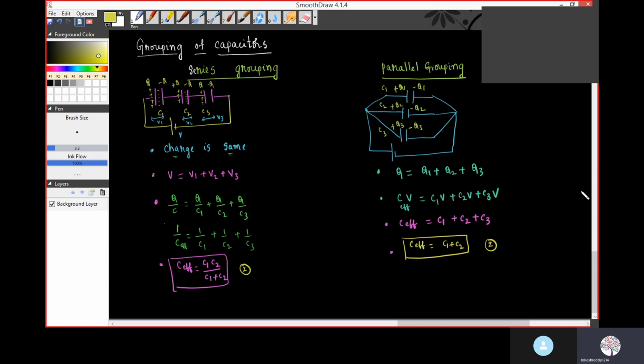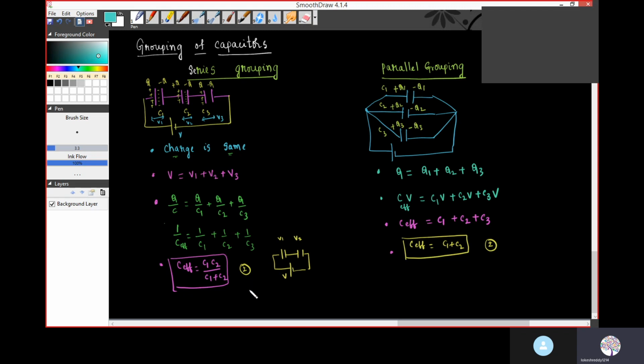Say, for example, you are having two capacitors and a battery. Now this is V1, this is V2, this is V. Then what is the value I'm going to get?